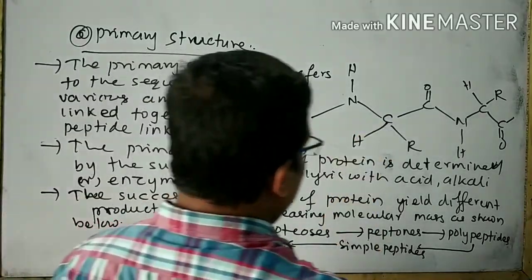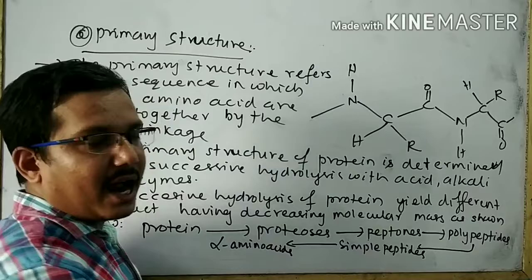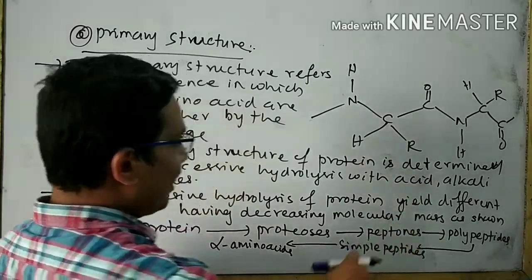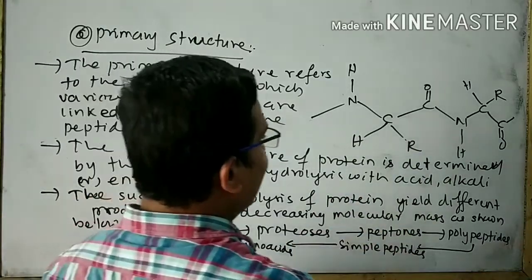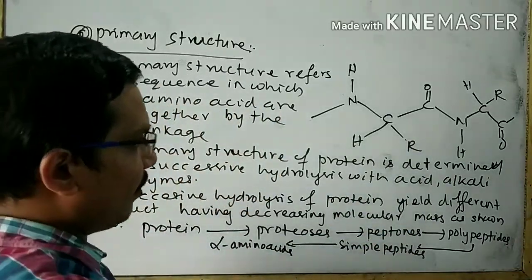In primary structure, the peptide bond acts as a backbone and the side chains project outside the peptide backbone.